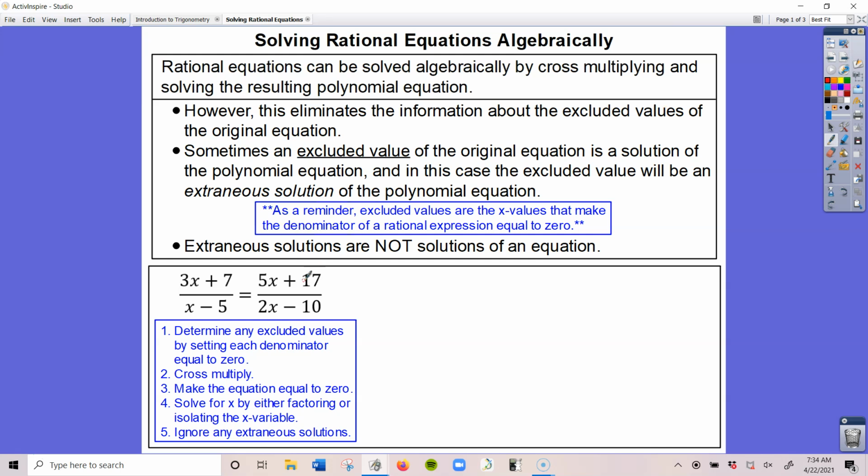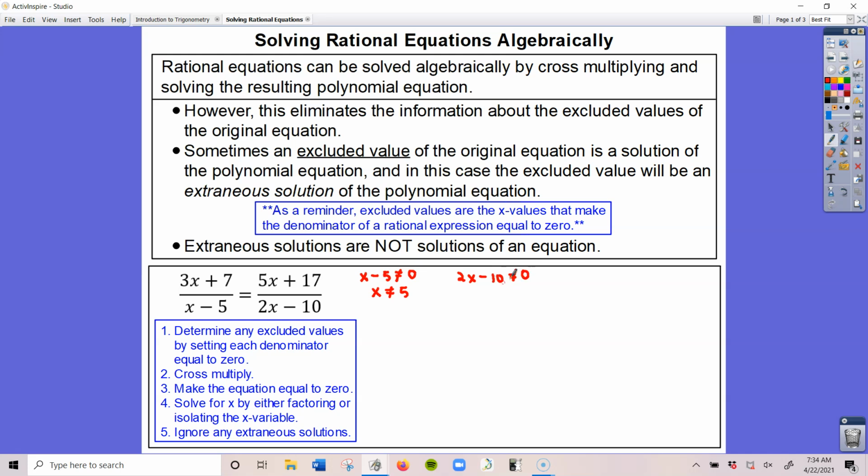So if I have this rational equation here, I would first look at the denominators before I solve. I make each of those denominators equal to 0 to solve for x. Those would be my excluded values. For this one, I'd have to add 5, so x cannot equal 5.